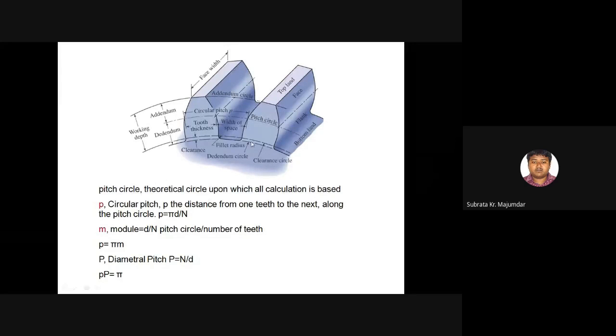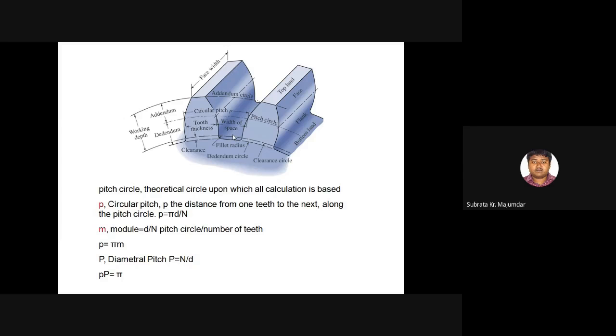Next, pitch circle diameter. This pitch circle line has a diameter. How can we identify the pitch circle diameter? It is the diameter of the pitch circle.